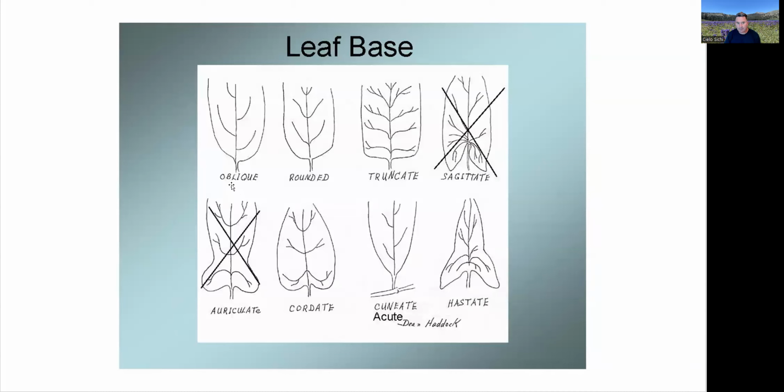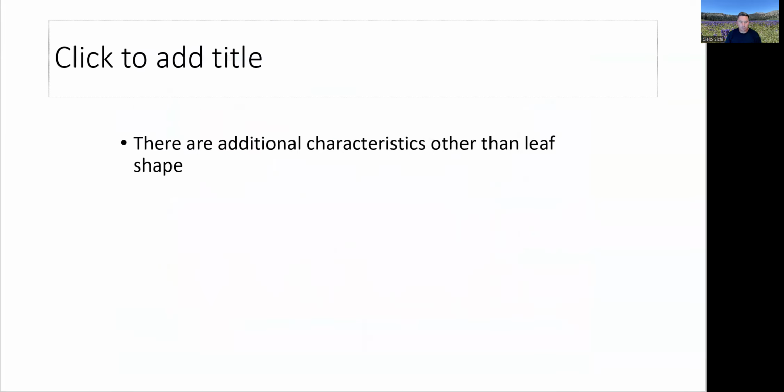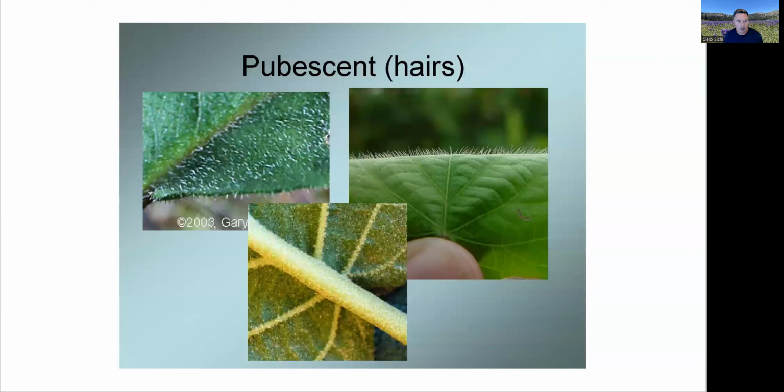Leaf bases, same thing: oblique, rounded, truncate, cordate, etc. Leaf apexes or leaf tips, right? All different tip types that help us to identify what that plant is. Okay, so then there's some other things. We'll just go into one. So there's additional characteristics other than just leaf shape, margin, etc. There's also things like pubescence.